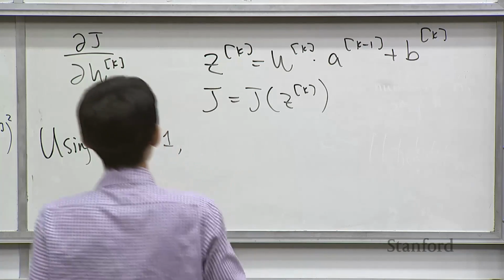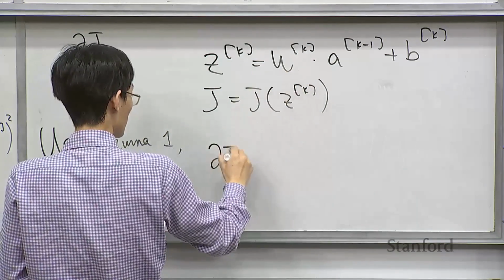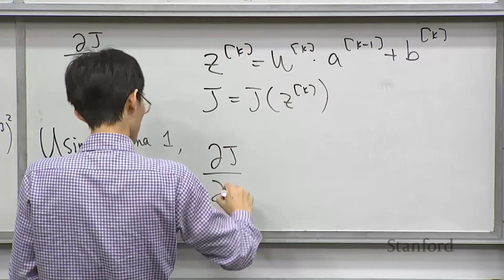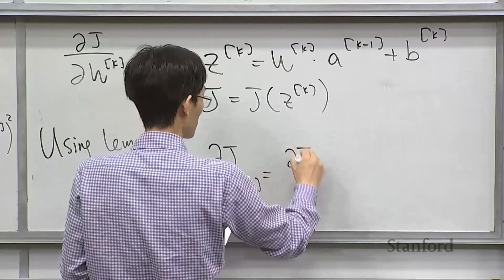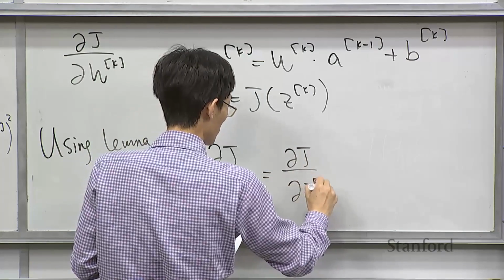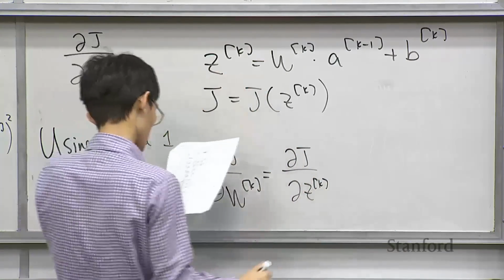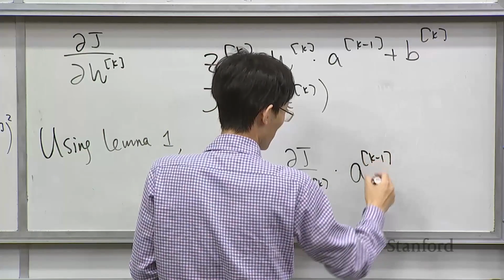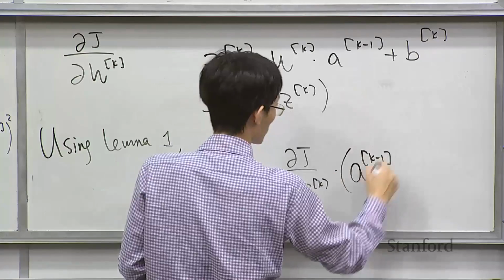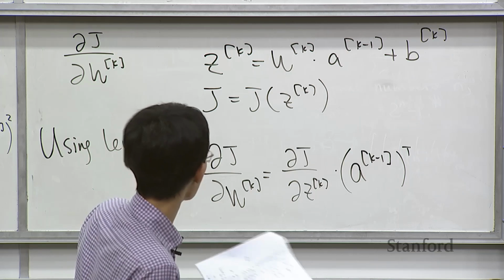Lemma 1 tells you that if you take the derivative with respect to the matrix, it equals the derivative with respect to ZK, where ZK is basically the output of the matrix multiplication, times the input of the matrix multiplication, which is AK minus 1 here, transpose.